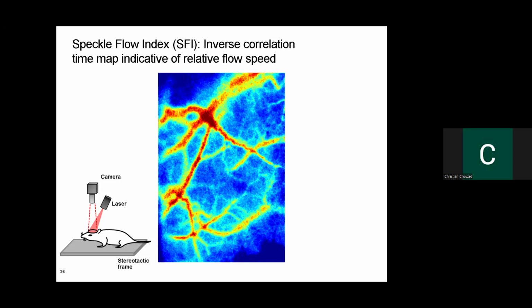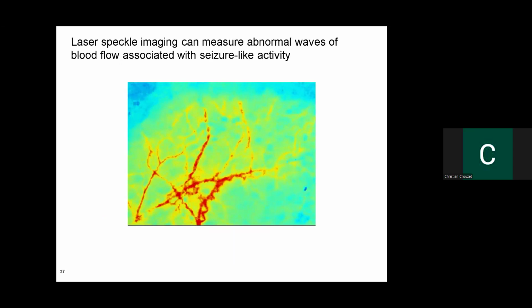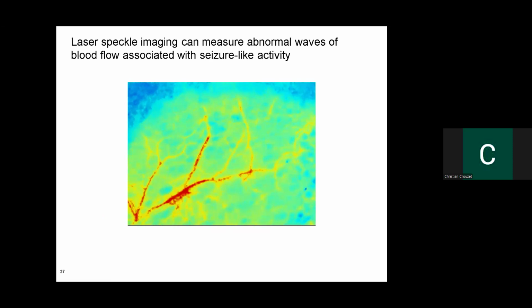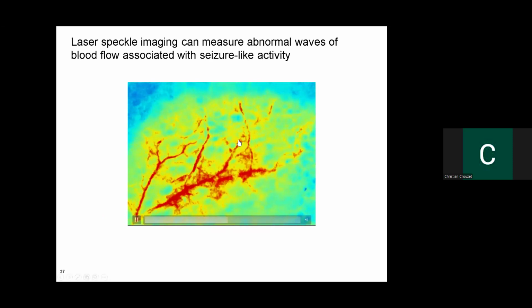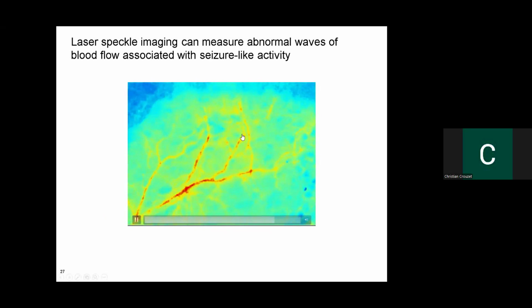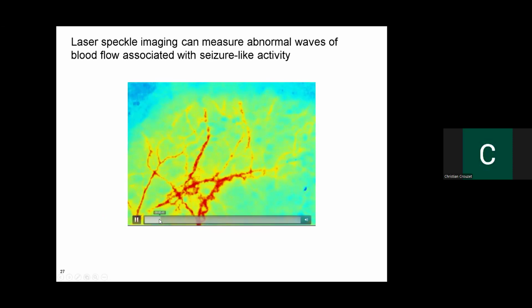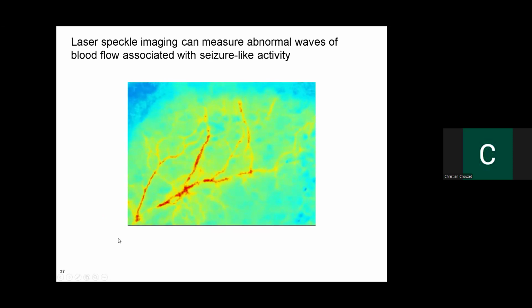And just to give a couple of examples that it was used in rodent brains, this was actually one of the first main applications and demonstrations of speckle in the brain, where you can see that there's this increase in blood flow that starts in this area and moves down to the left, which is associated with seizure-like activity called cortical spreading depression and this propagation.